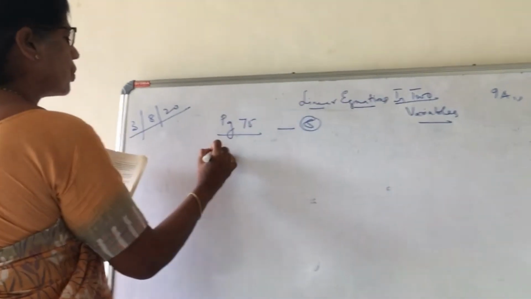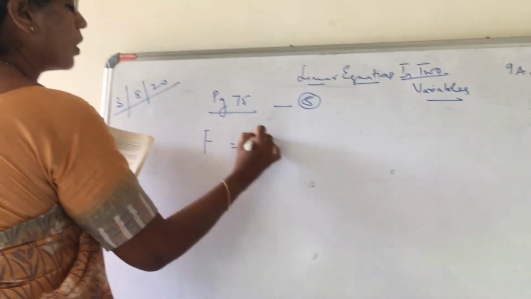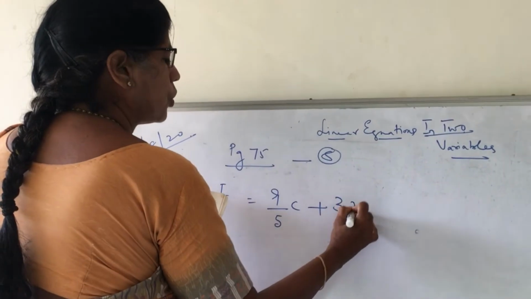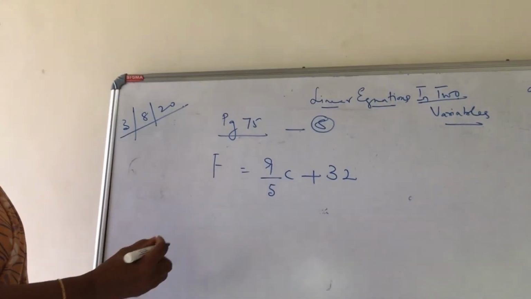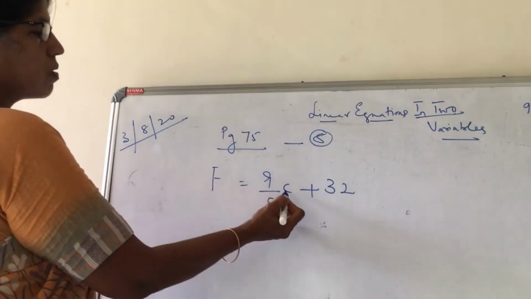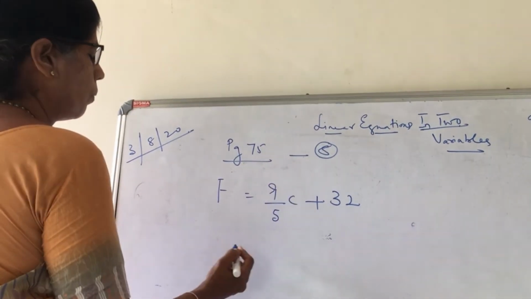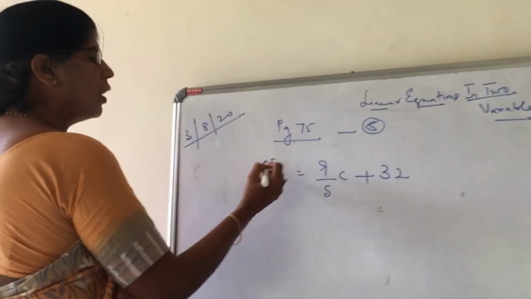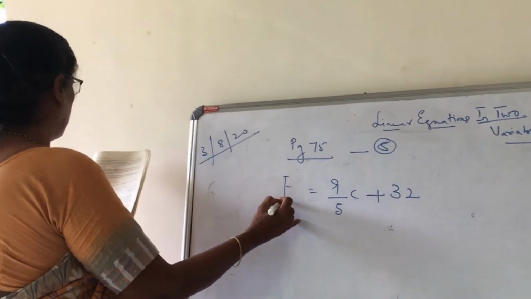The equation is F is equal to 9 by 5c plus 32. F is Fahrenheit, C is centigrade. Now the only thing is get values for centigrade, children, and get the values for F.